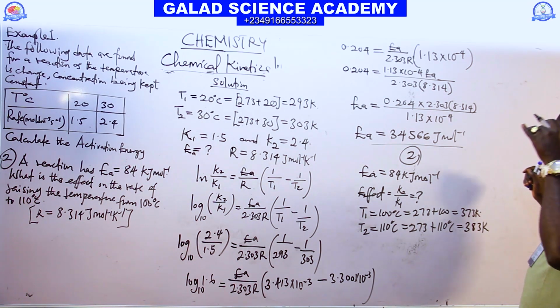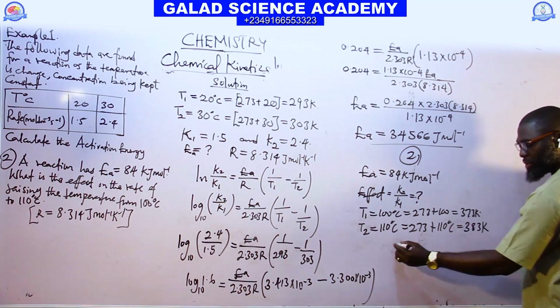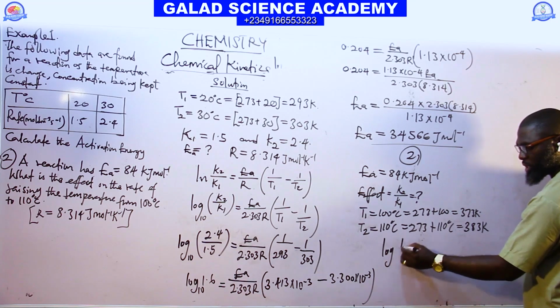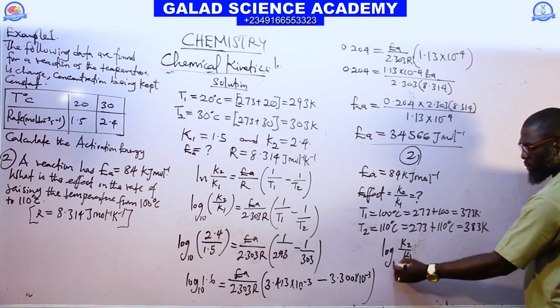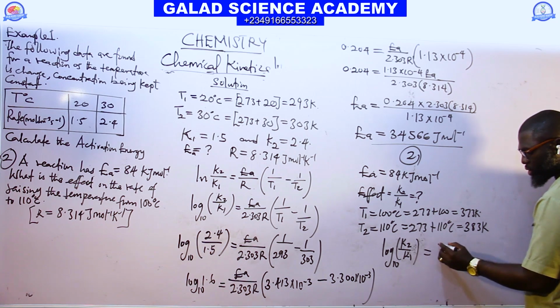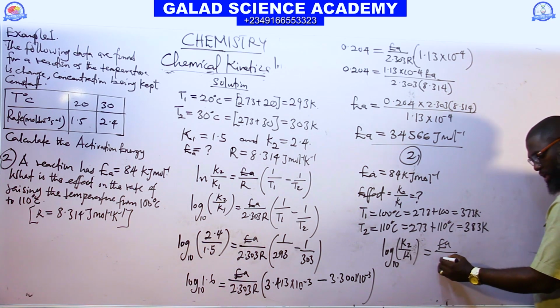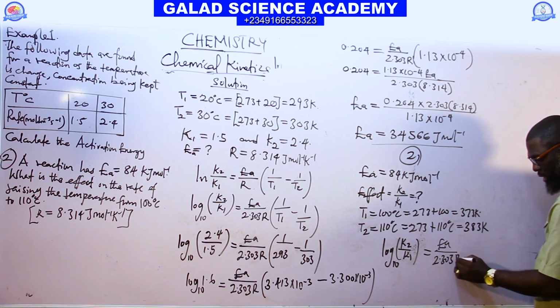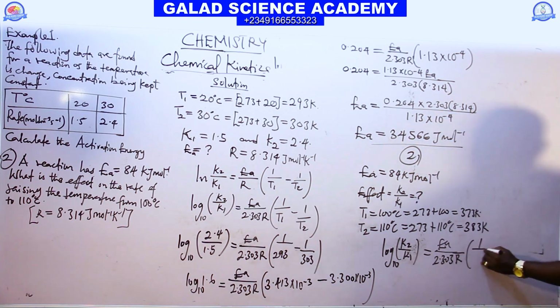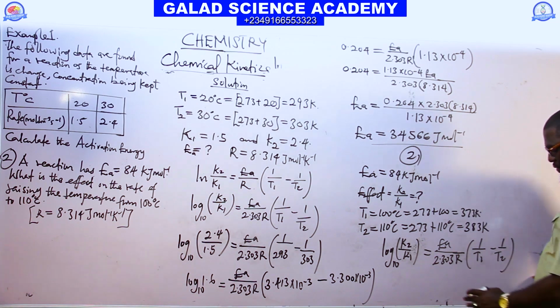And the last one, we are given the Ea. By applying the formula, logarithm of K2 over K1 base 10 is equal to Ea over 2.303 R, times 1 over temperature T1 minus 1 over temperature T2. Substitute for each value here.